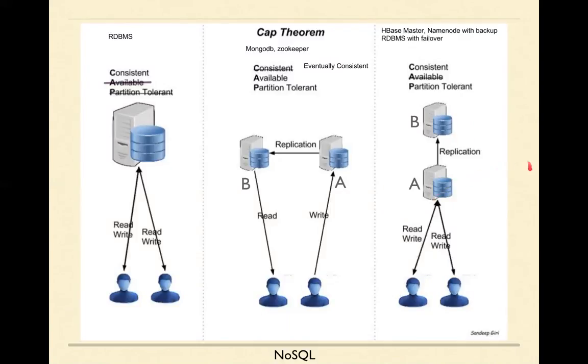So this is standby and this is the name node. All the users are still interacting with A for the metadata and B is the backup. So HDFS is consistent because only one machine is keeping the data at any one time, but it is not available. But it is partition tolerant, because in case one machine goes down, the other machine will take its place, right?